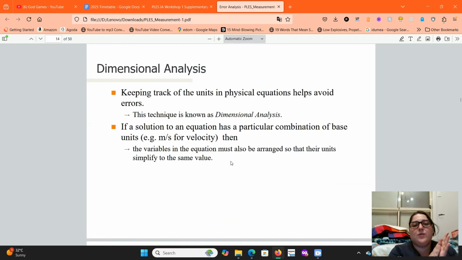Now, dimensional analysis. We use it to keep track of the units in a physical equation to help avoid errors. Basically, you write out what the dimensions are and what you are using. If the solution to an equation has a particular combination of base units, for example, meters per second for velocity, then the variables in the equation must also be arranged so that their units simplify to the same value.